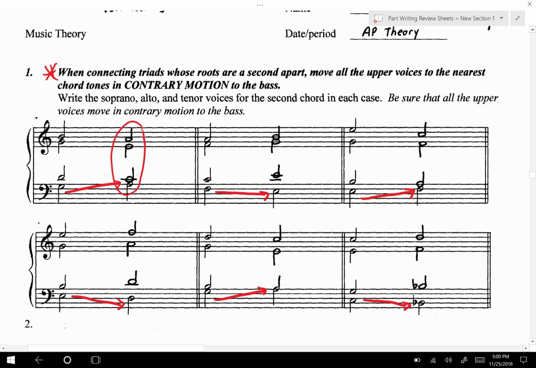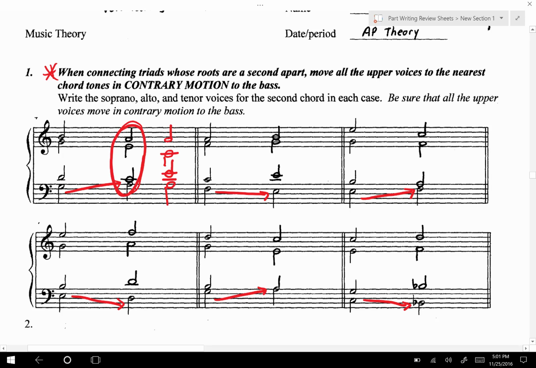Okay, so here's how to do it incorrectly. Let's say I forgot about that rule. And instead of this chord that I have done here, I have an A in the bass. And let's say I switched the alto and the tenor, like so. Can you identify the mistake in part writing?